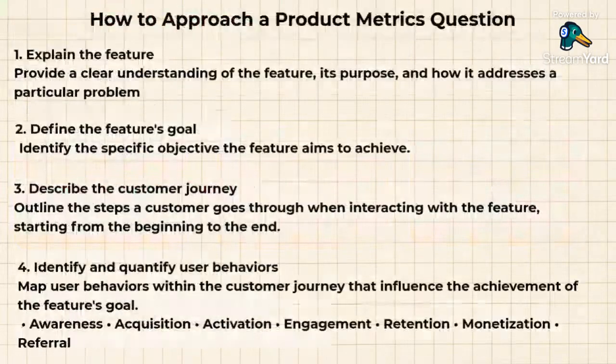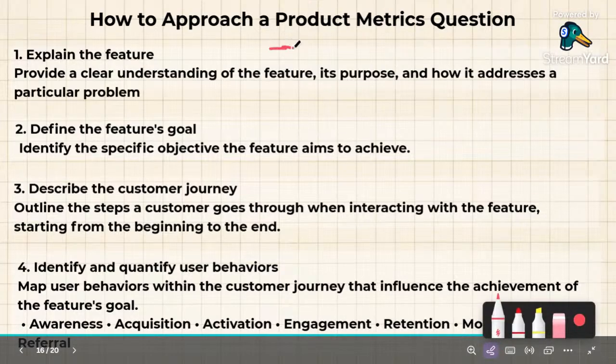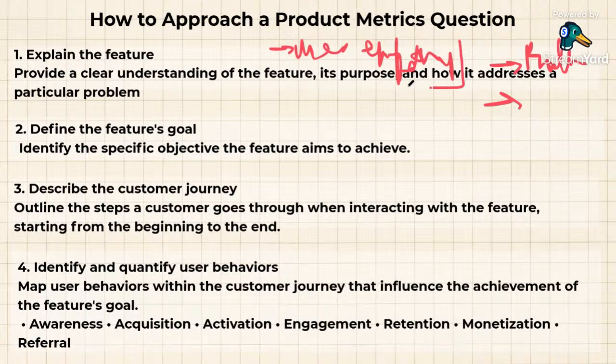Next, we have how we actually approach these cases. The core skills required when we solve such questions are user empathy, product sense, then we should have the business sense because we are not just looking at the product point of view, but we are also looking at the business point of view.